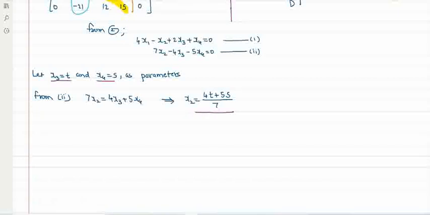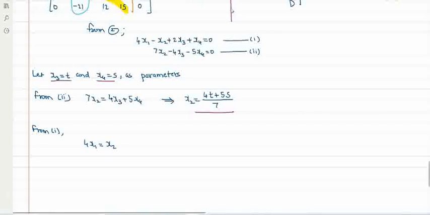From equation 1, 4 times x1 is equal to x2 transferred to the right, that becomes plus, and the next one is minus 2x3 minus x4.